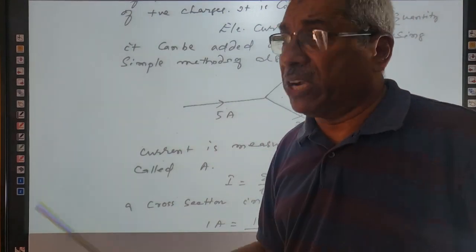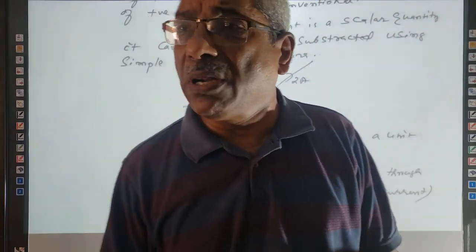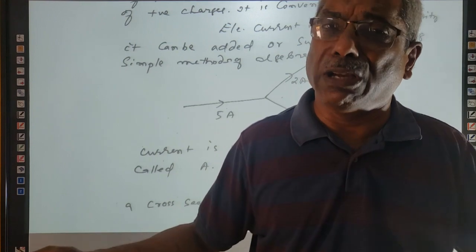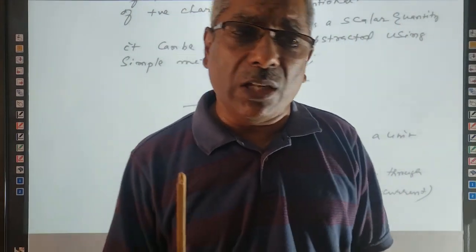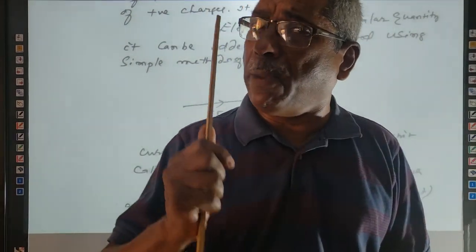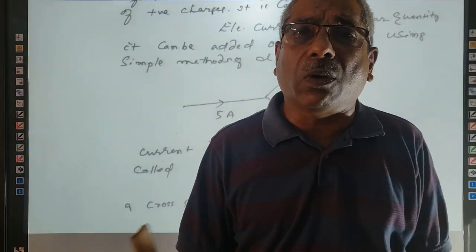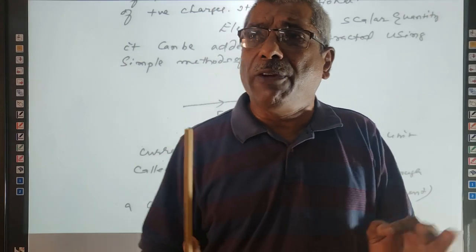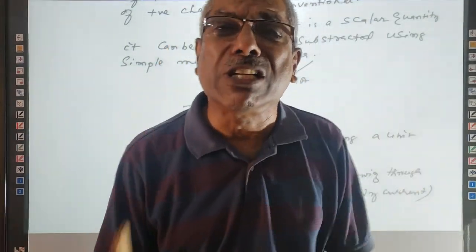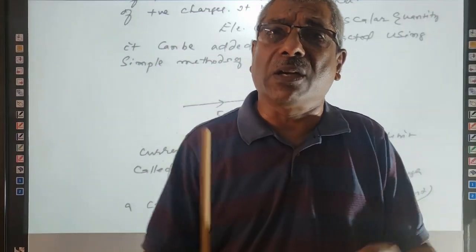Electric current can be steady current, and it can also be variable current, and also alternating current. If the amount of charge passing through any cross section of a conductor when a potential difference is applied is constant through every cross section of a conductor, then the current through that conductor is steady.